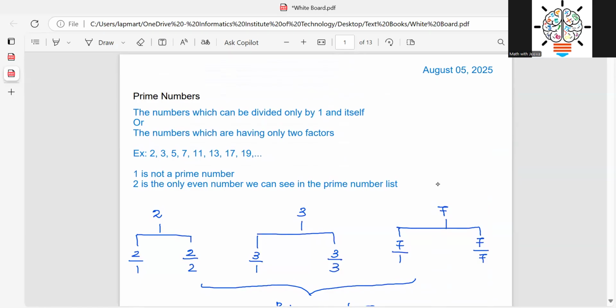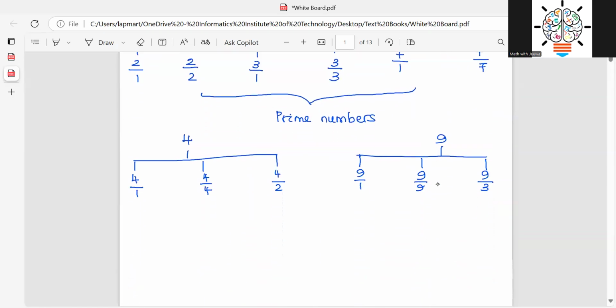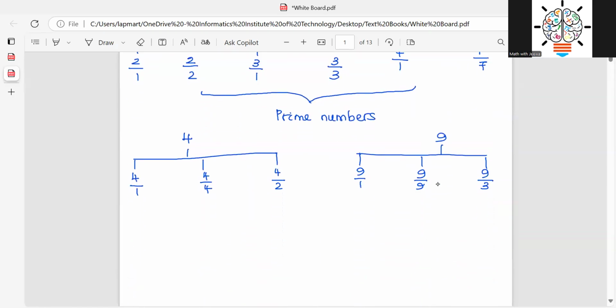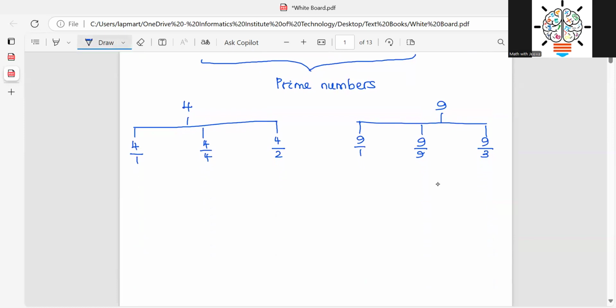So here they are not prime numbers, right? If they are not prime numbers, we have a special name for them.